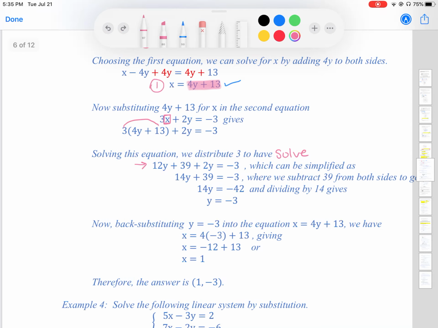In this case, it's y. We can add our 12 and our 2, we get 14. Now we have to move our 39 to the other side, minus 39, minus 39, and we get 42, negative 42. You divide by 14, divide by 14, and we get y is negative 3.